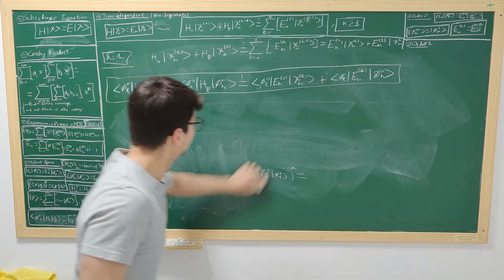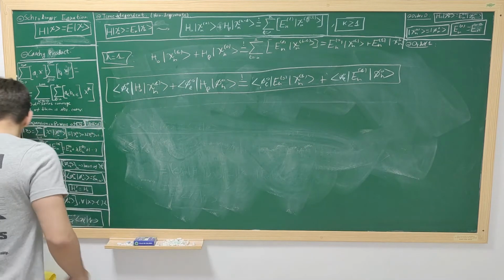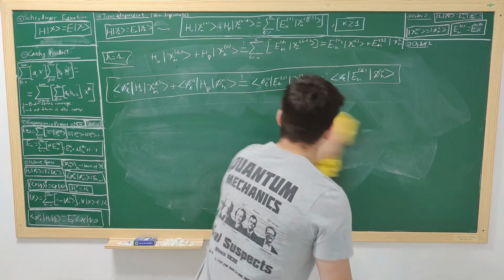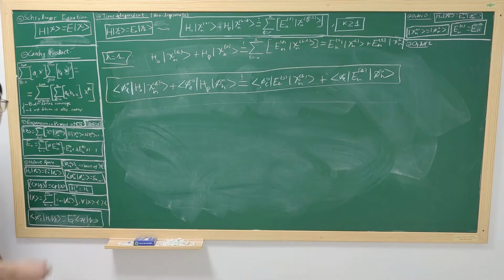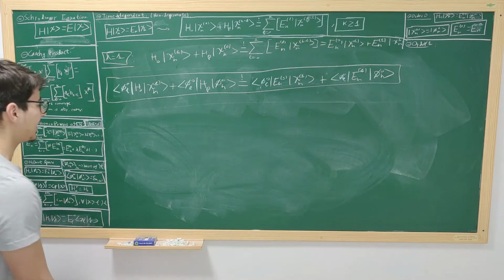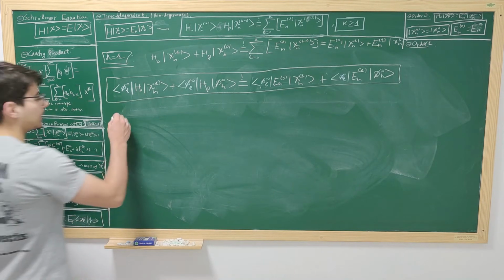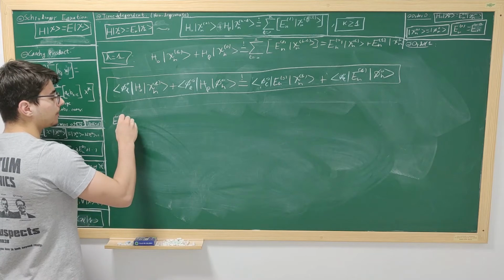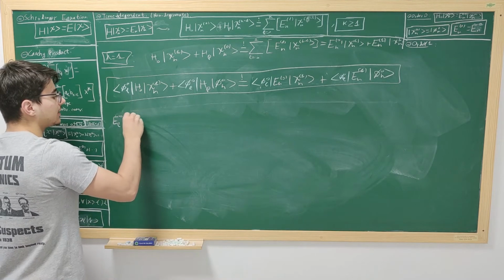Now that we have this relation, we can rewrite this using this result, where gamma is just the first correction to the eigenstate. So we get the Lth energy of H0 and this dot product.